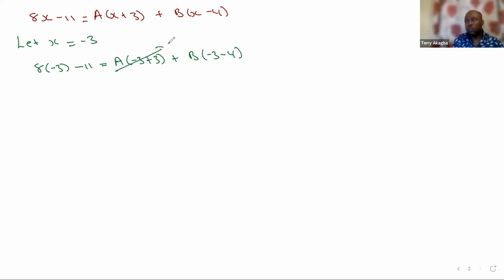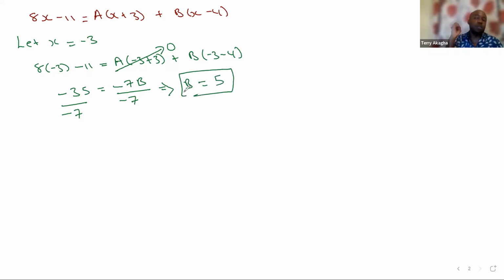So this will give you 0. Now 8 times minus 3 minus 11 will give you minus 35 is equal to b, minus 3 minus 4 will give you minus 7b. Divide both sides by minus 7. And that will give you b will be equal to 5. Okay, b will be equal to 5.